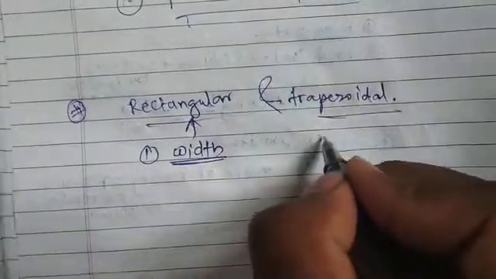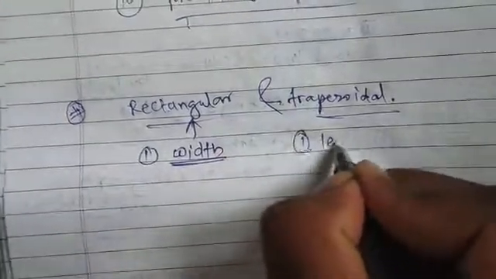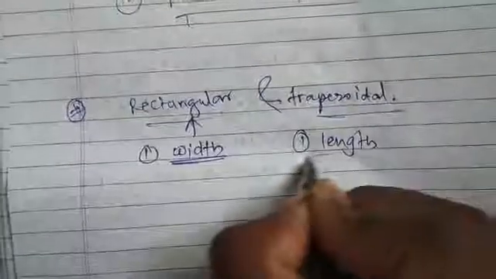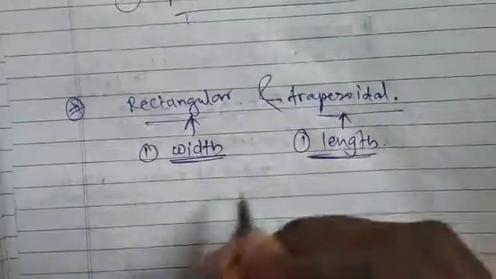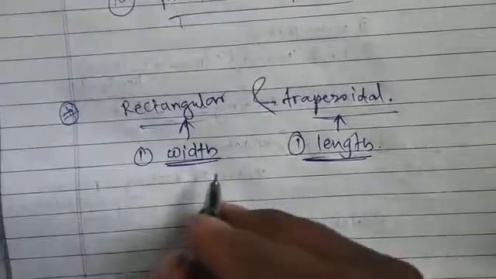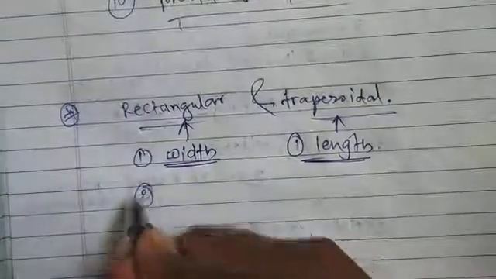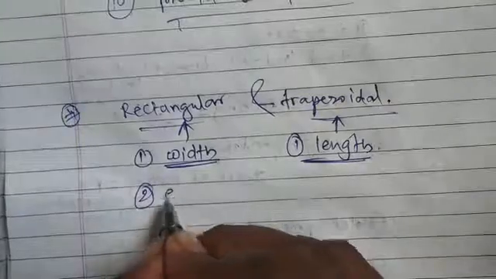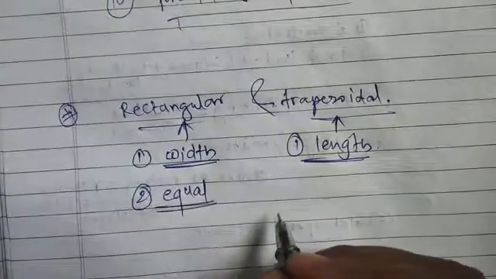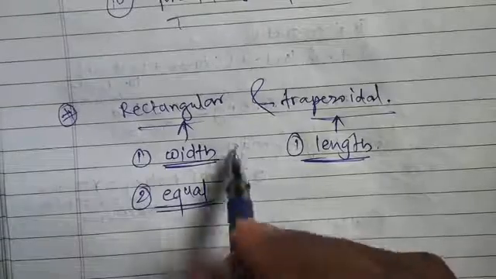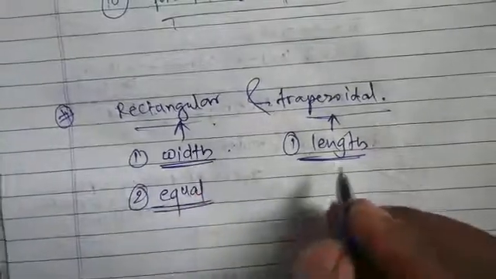If restriction of length is given, then we'll go for trapezoidal footing. Okay, then second point, if equal loading on column is given, then we'll go for rectangular combined footing.